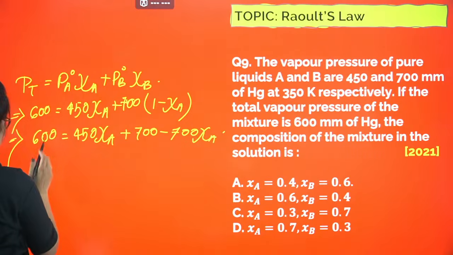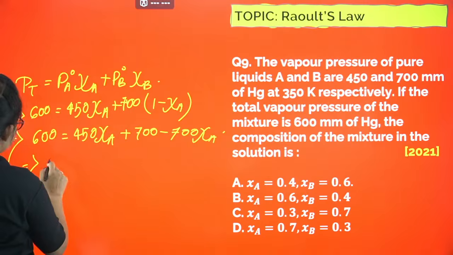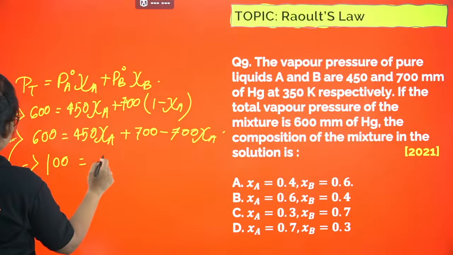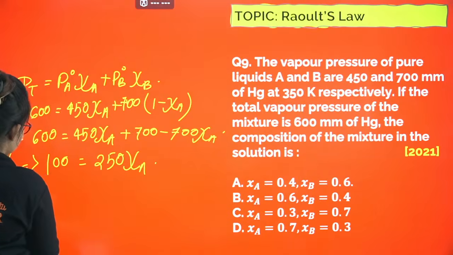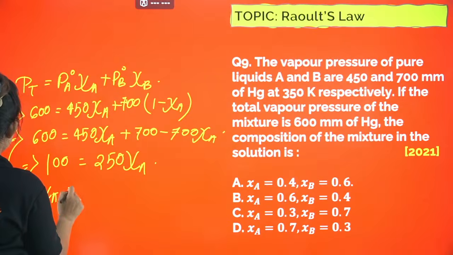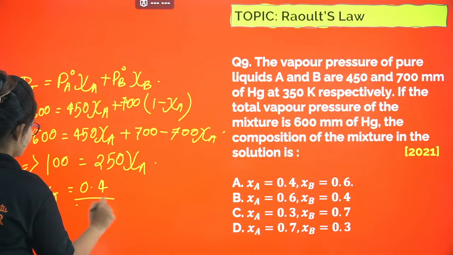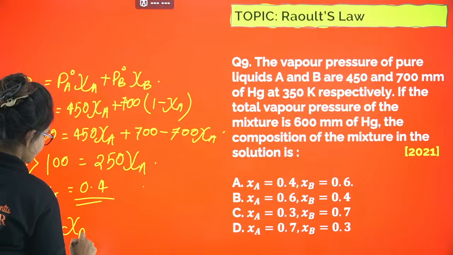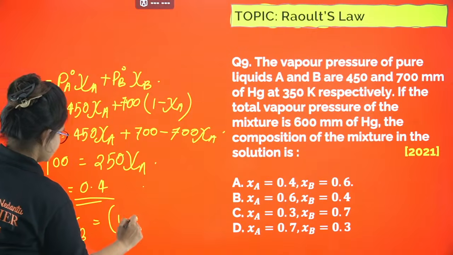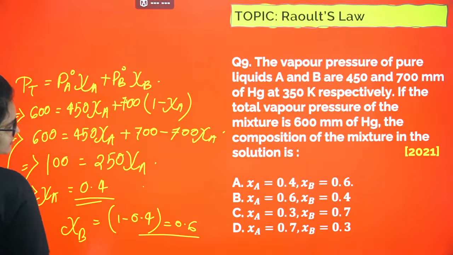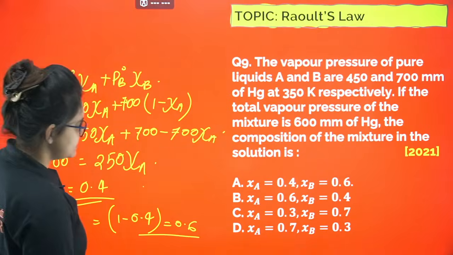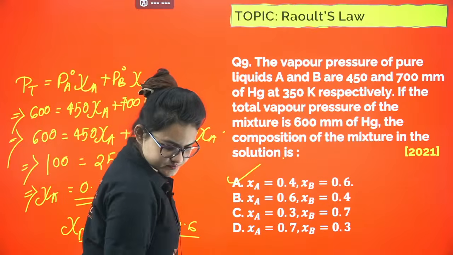So now if you proceed, this will give you 100 on one side, and here you will get 250 XA, right? Now if you find XA, it will be 0.4. So XB will be 1 minus 0.4, that is 0.6. So yes, your answer is going to be A.